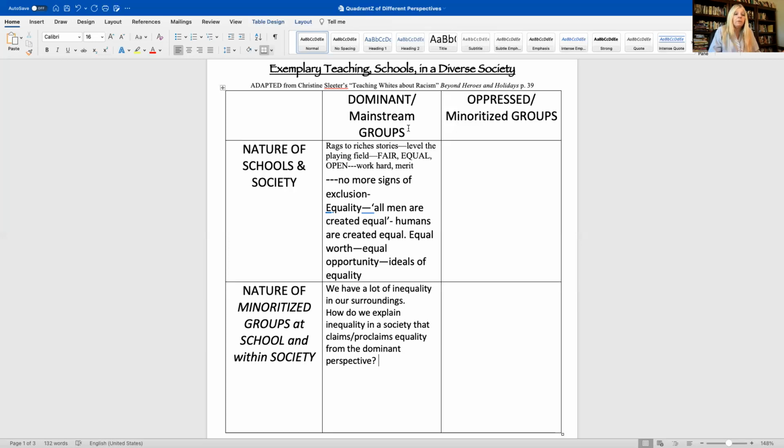If it didn't, we wouldn't have people who run around and have to organize each other and say Black Lives Matter, carry signs that say that, or put on hats that say "Me Too," things like that. You wouldn't need those if you didn't have all this inequality. So how do we explain that from the dominant perspective? Our dominant perspective, put those glasses on. How do we explain that?